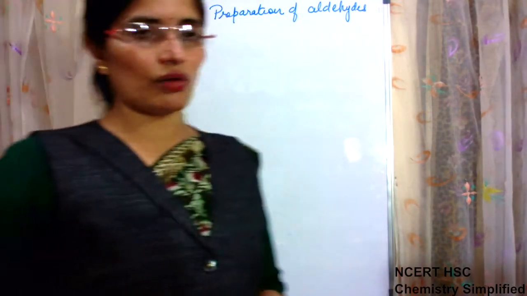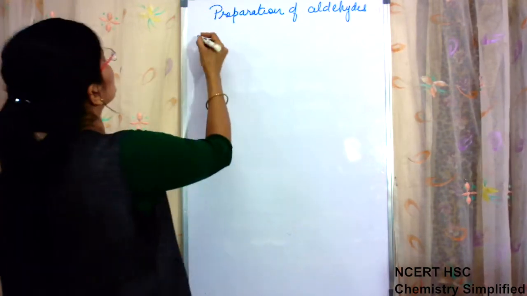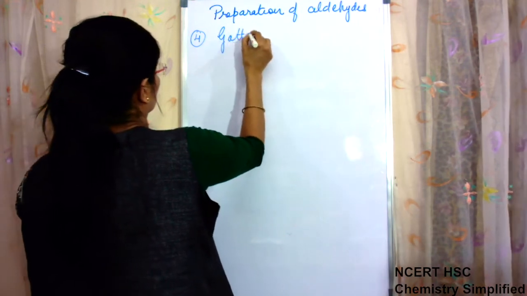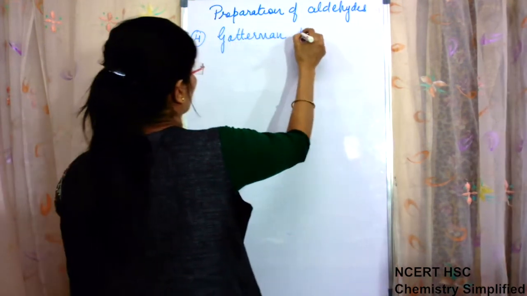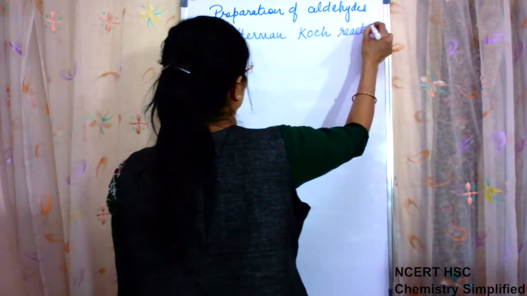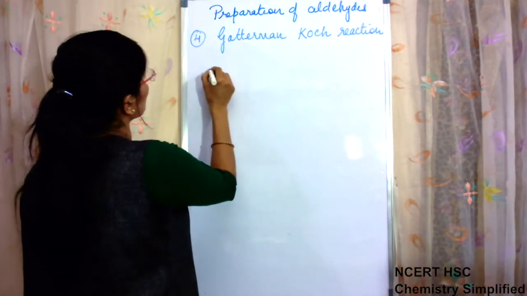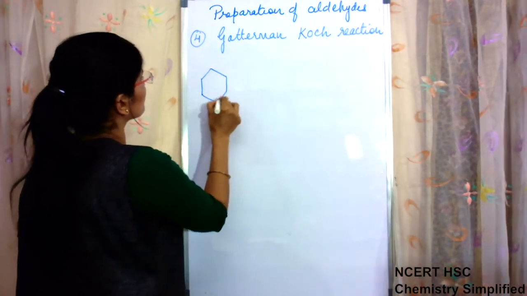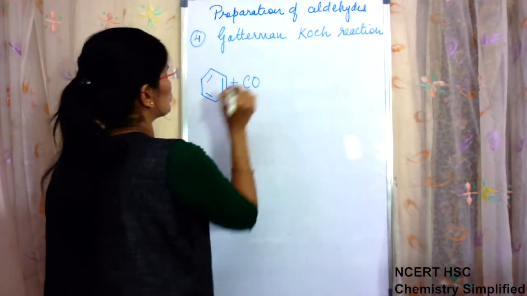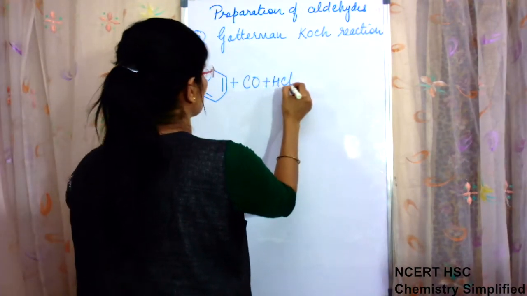Now we come to the next method for preparation of aldehydes. Fourth method, that is Gattermann-Koch reaction. The starting material in this reaction is benzene. Benzene is made to react with CO plus HCl.